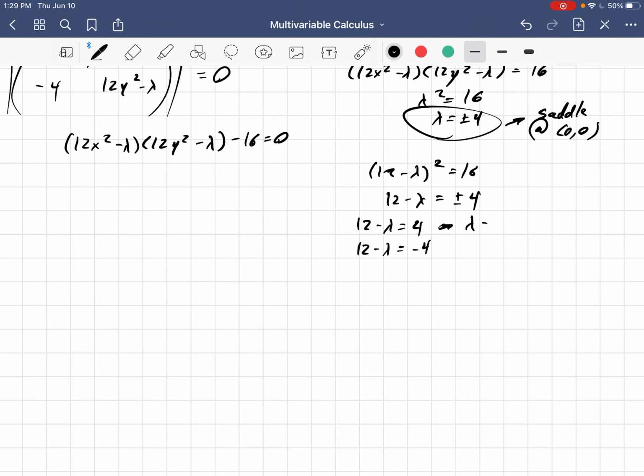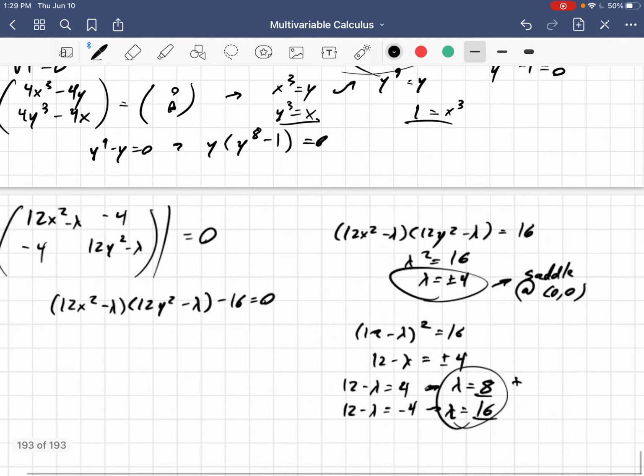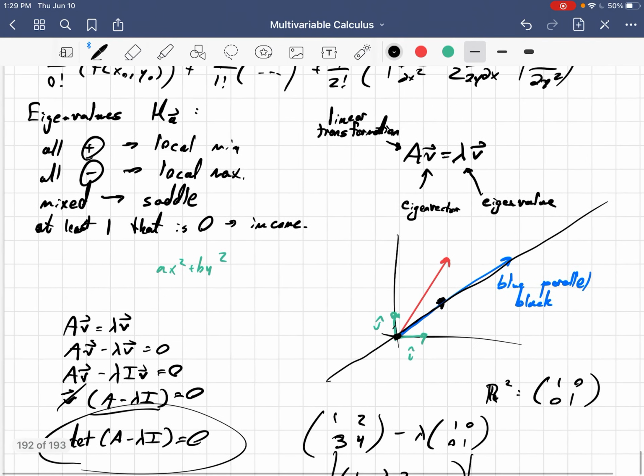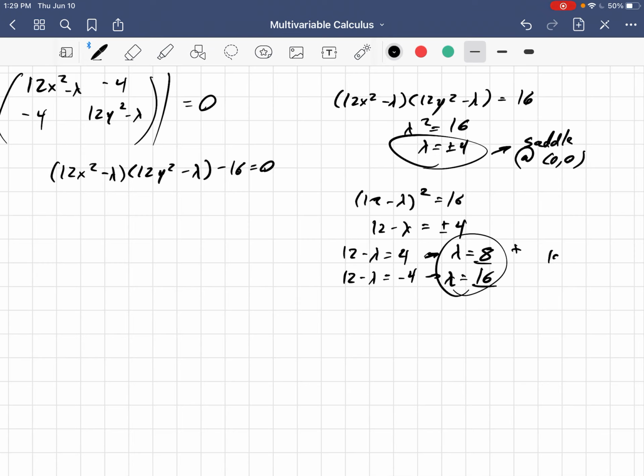So in this case lambda is equal to 8, and in this case lambda is equal to 16. In both cases lambda is positive. It doesn't matter that they're 8 and 16 so much as that they're both positive. If they're both positive, that means we have a local minimum at (1, 1).